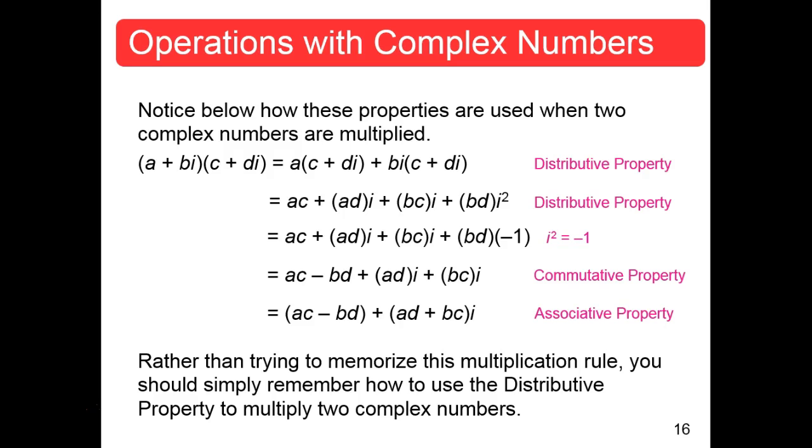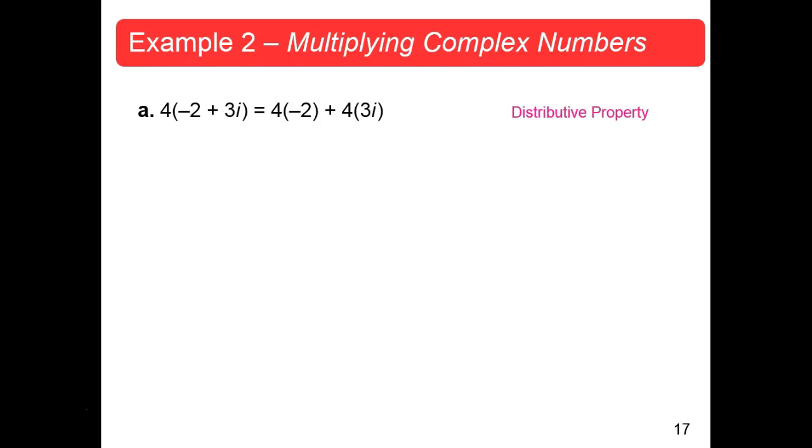Now, rather than trying to memorize the multiplication, simply remember how to use distributive property, or even simpler, FOIL it. Just FOIL it. Don't try to memorize a package here. Just FOIL it, and you got it knocked. Okay? Any questions? And again, you're not going to be tested on this, so don't get panicky about this or anything. Just be used to it.